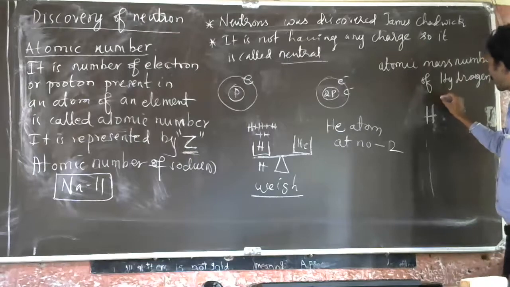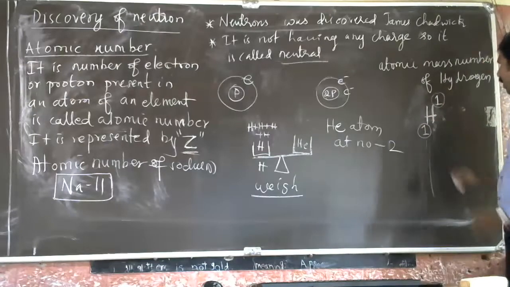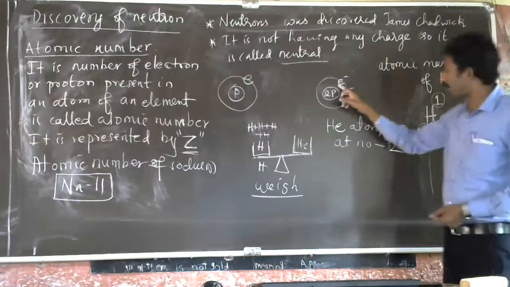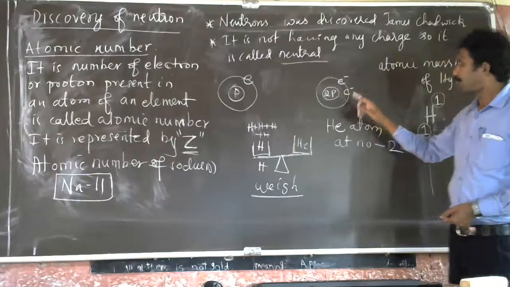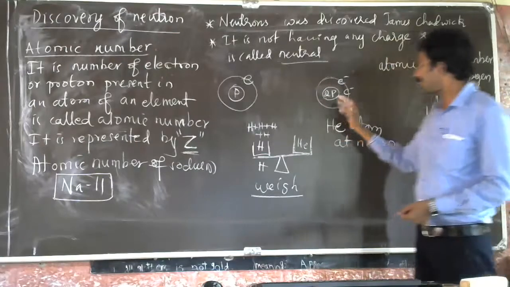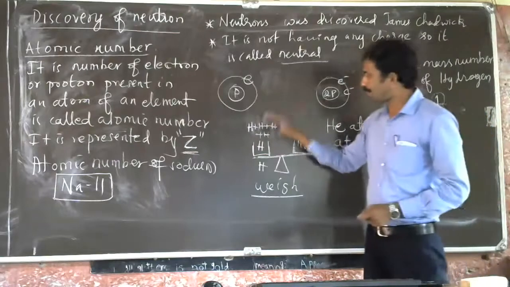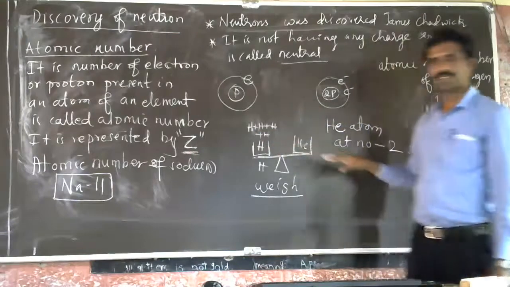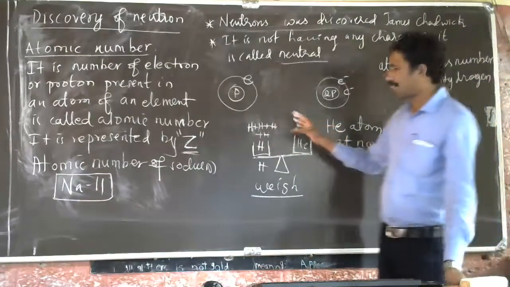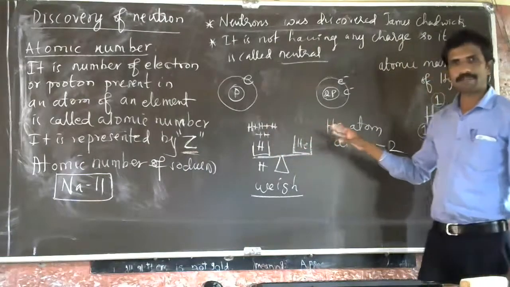For hydrogen, the atomic mass number is 1 and the atomic number is also 1, meaning 1 electron is there. But helium has 2 electrons and 2 protons. To equalize hydrogen and helium, we need to put 4 hydrogen. Are you getting my point? 4 hydrogen have to be put, then only it will get balanced.